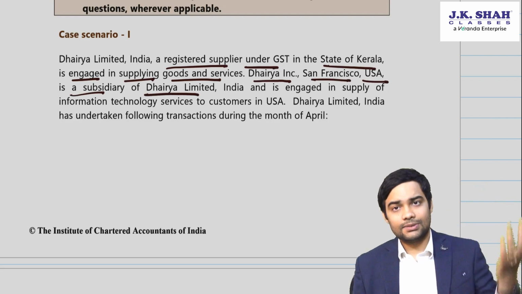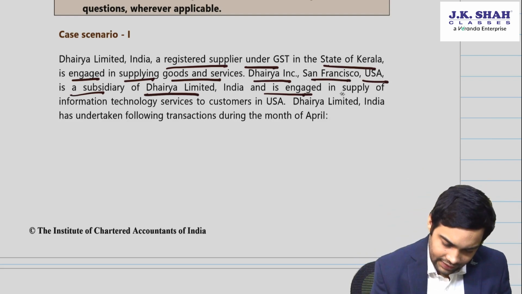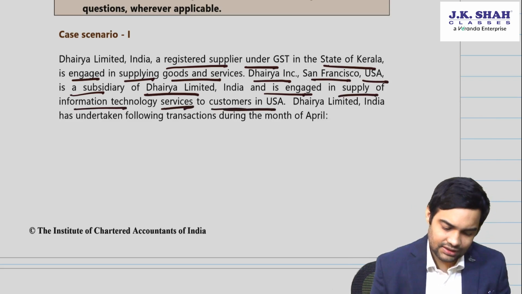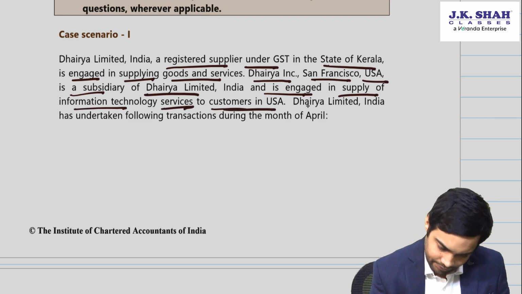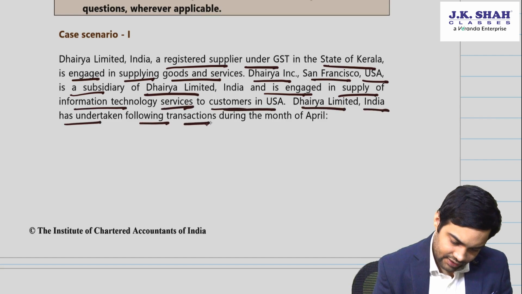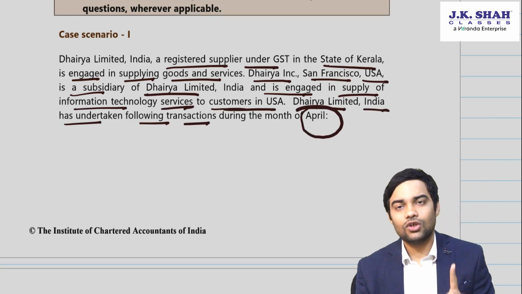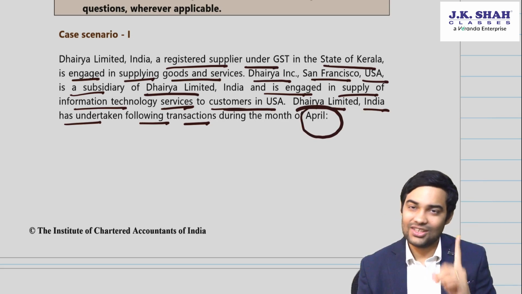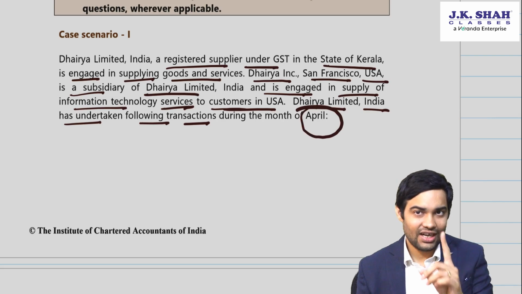So we have a subsidiary outside India, engaged in supply of information technology services to customers in the US. Dairy Limited India has undertaken the following transactions during the month of April. Notice that we have to also determine output and ITC for the month of April. So all this information will be relevant for our computation.